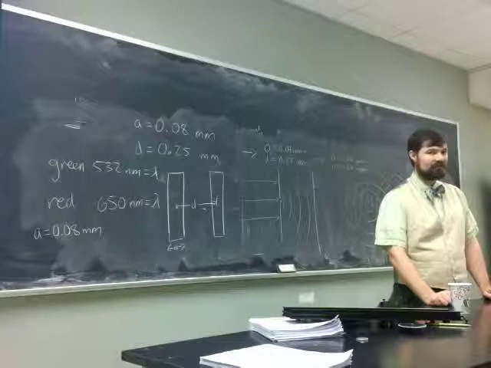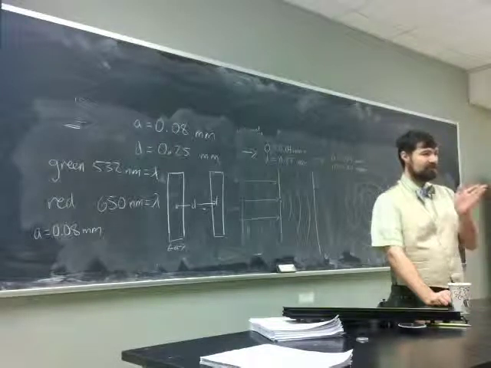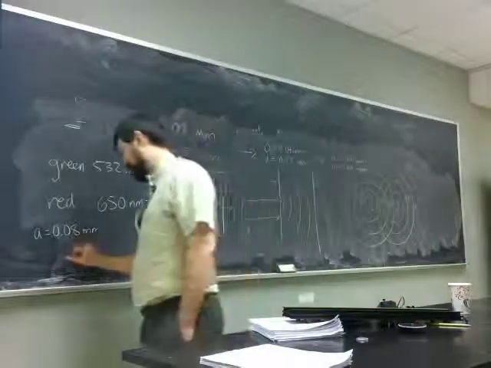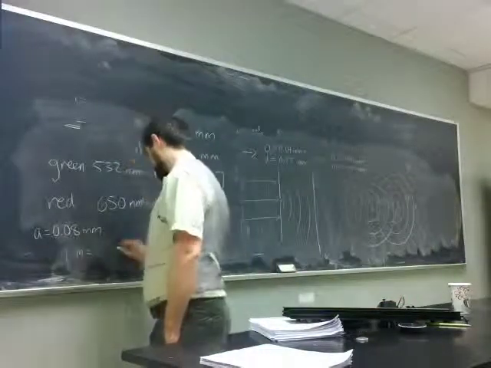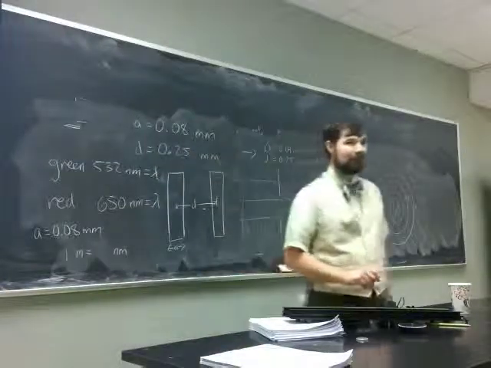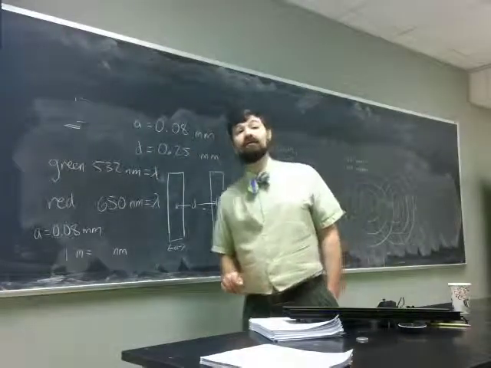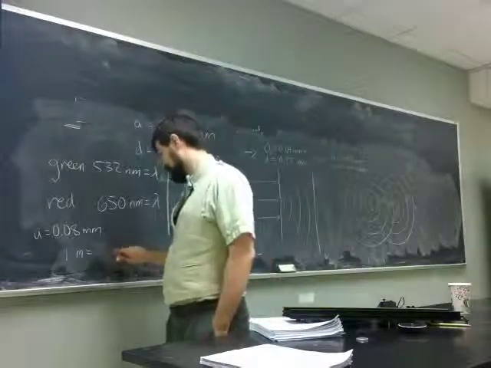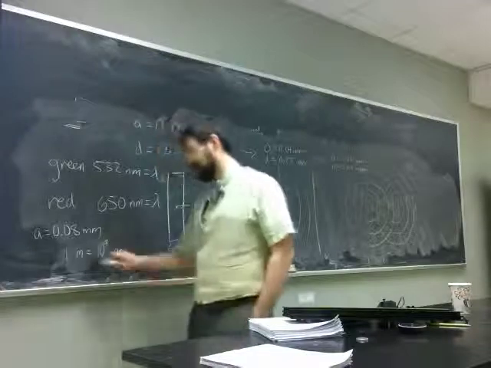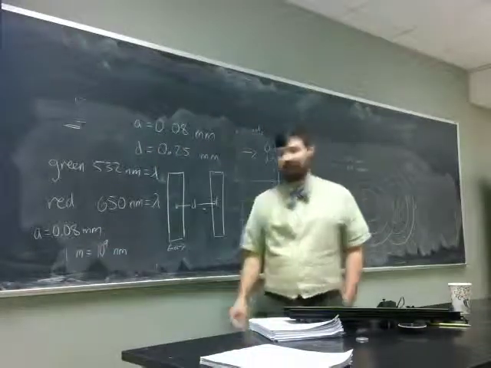Anybody remember what the conversion factor from nanometer to meter is? 10 to the 9, yeah. One of these is 10 to the minus 9 of these, so I'll put 10 to the 9 here. We'll go to 1 meter.